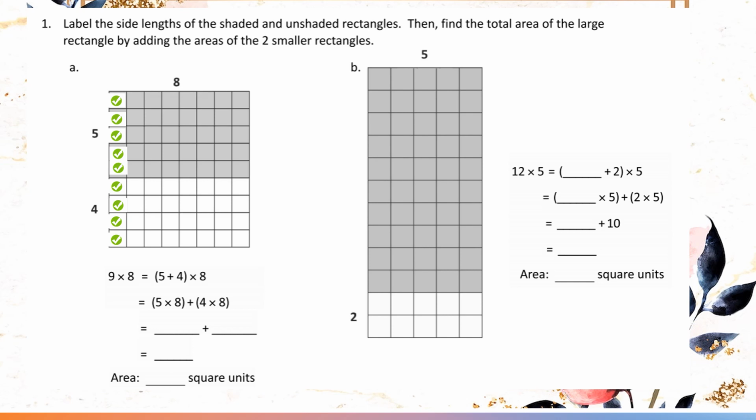So the actual length of this side is 9, but they broke it apart, right, into 5 and 4, because 5 plus 4 equals 9.